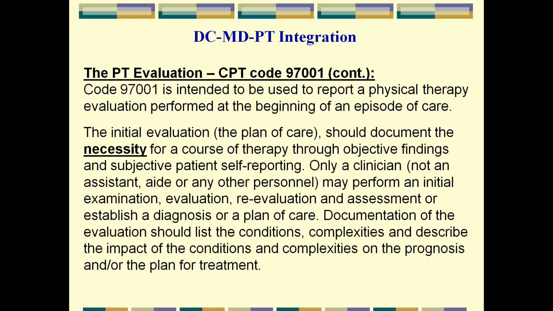No, those individuals cannot do an initial evaluation on a patient or reevaluation. The documentation of this evaluation should list the conditions, complexities, and describe the impact of the conditions and complexities on the prognosis and plan for treatment.